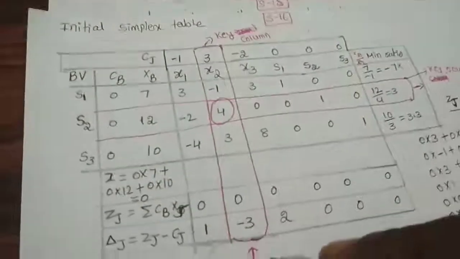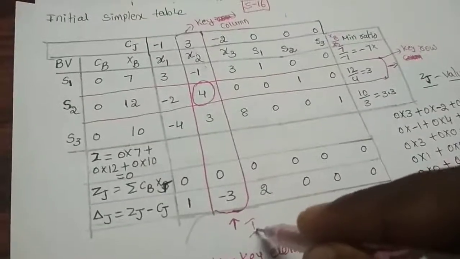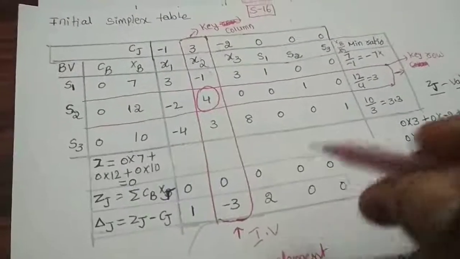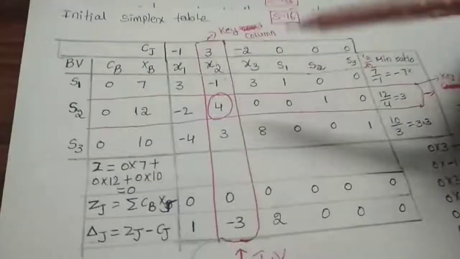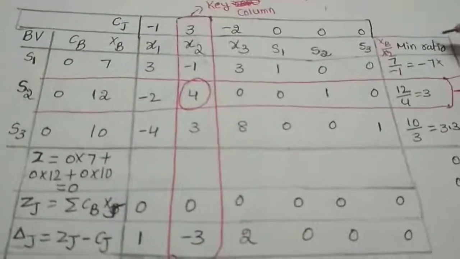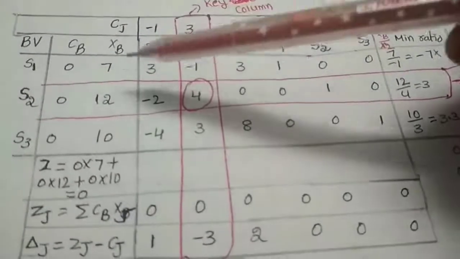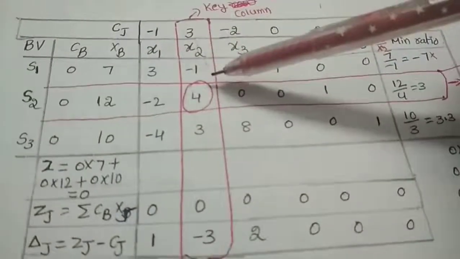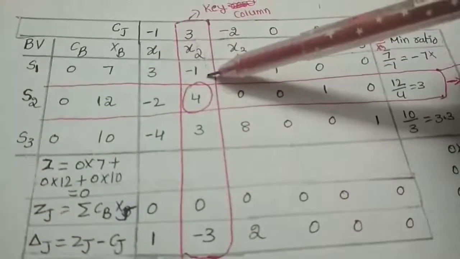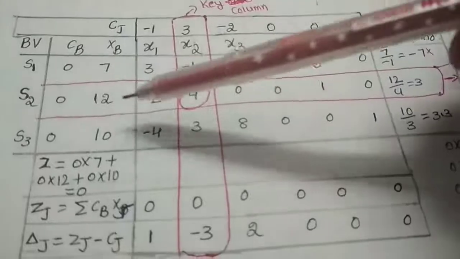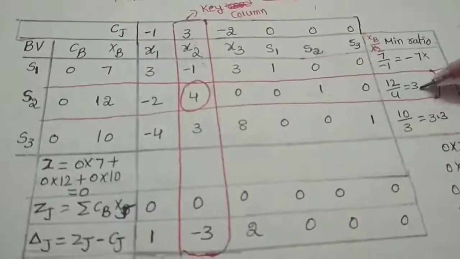I will write it here, this is the entering variable. Now coming to the minimum ratio. In this minimum ratio, we divide the XB value by the key column elements, that is 7 divided by -1 equals -7. 12 divided by 4 equals 3.